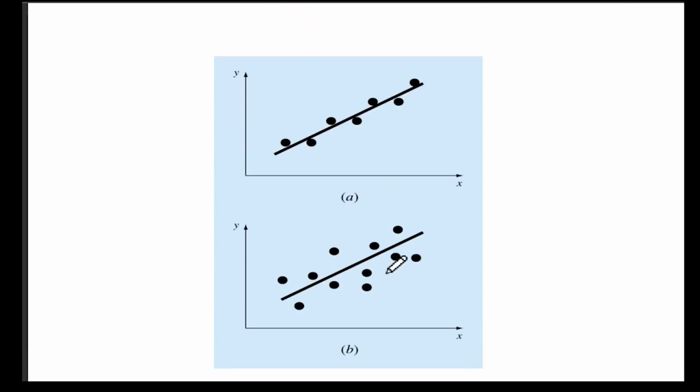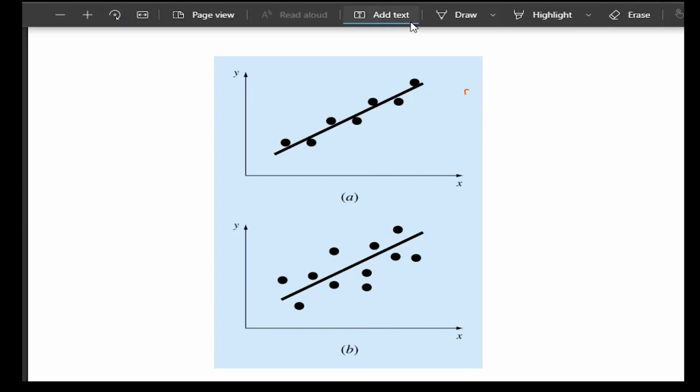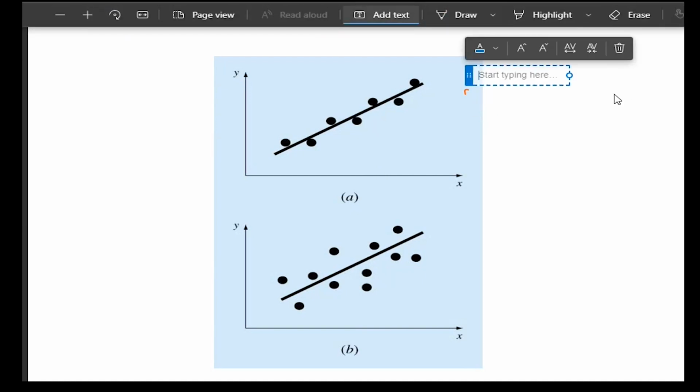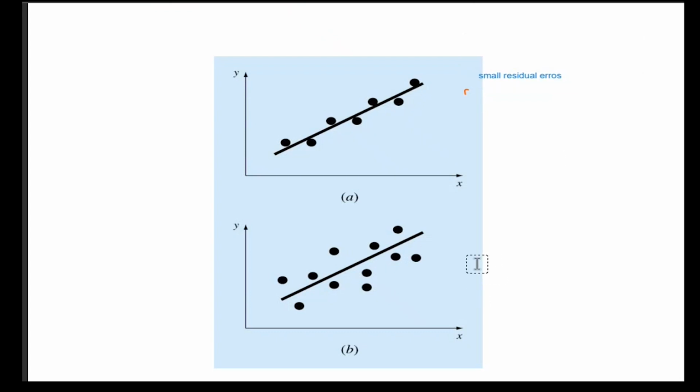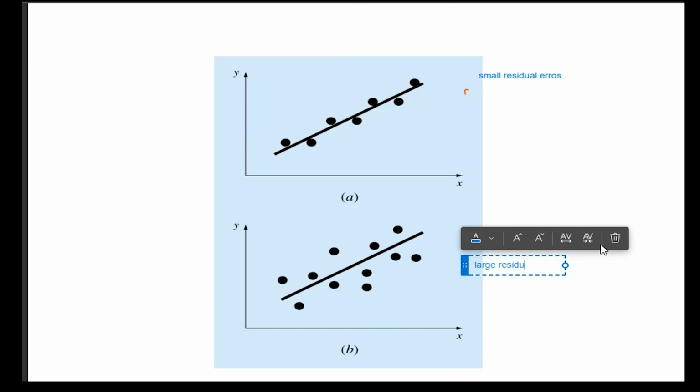Okay, so in this figure, what it shows you in A and B, when we create a best fit line, A have a small residual error. So A ni kita katakan dia ada small residual error. While for B, it has a large residual error.